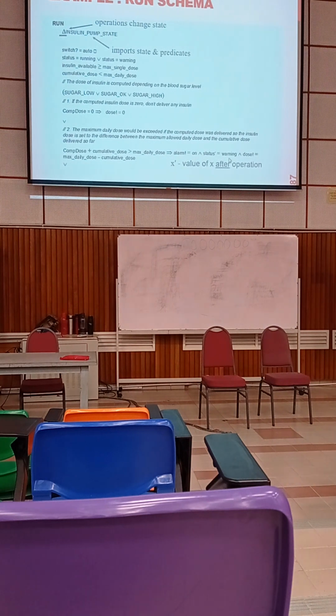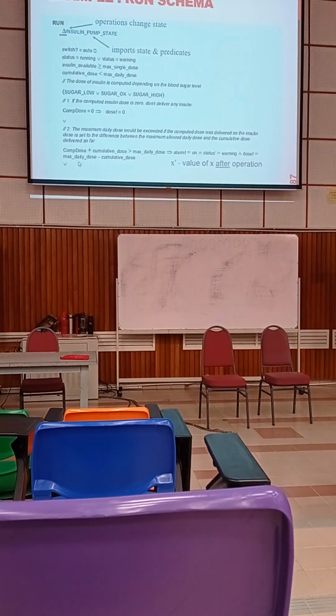So what's the meaning of maximum daily dose minus cumulative dose? Who can explain this? Maximum is how much dose you can take in a day, minus cumulative, how much dose you have taken. So what does it show you? Again, dose not equals to maximum dose, this is one dose.